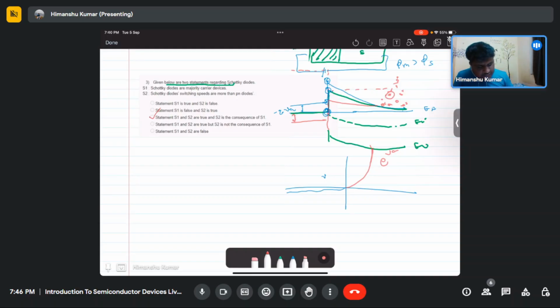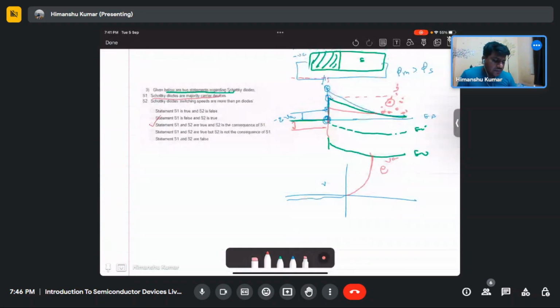So the first statement says that Schottky diodes are majority carrier devices, because only electrons are involved in the conduction, not holes or other charge carriers. In the case of n-type semiconductor, electrons are the main carriers, and if you have p-type, then holes are the main carriers. So this first one looks like a correct statement.